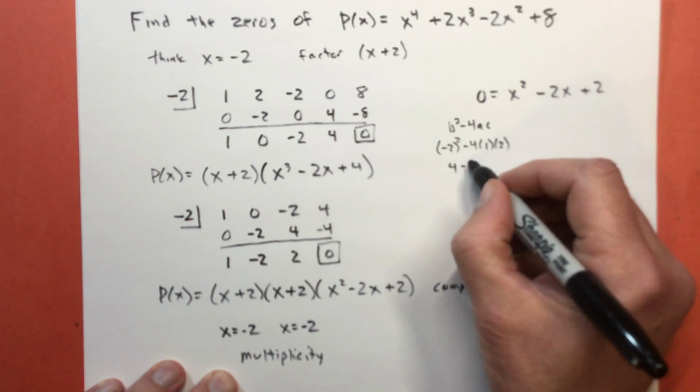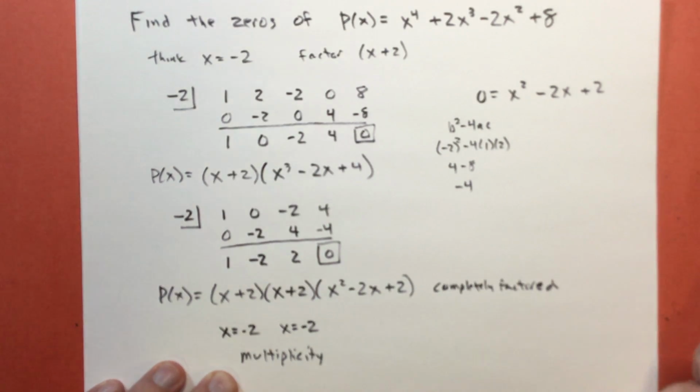This is 4 subtract 8, which equals negative 4. And remember what we heard about when the discriminant is negative? That means you're going to get 2 zeros, but they will not be real. They'll have an imaginary component.